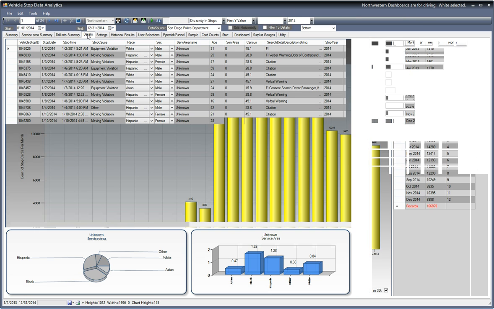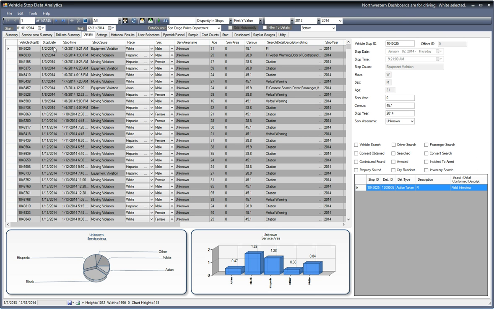A detailed record is simply a record that shows what happened when the person was stopped. There is a one-to-one or one-to-many relationship for the records that are vehicle stop records and the records of what happened that I call the search detail record. So here the very first record shows that the person was subjected to a field interview after being stopped.